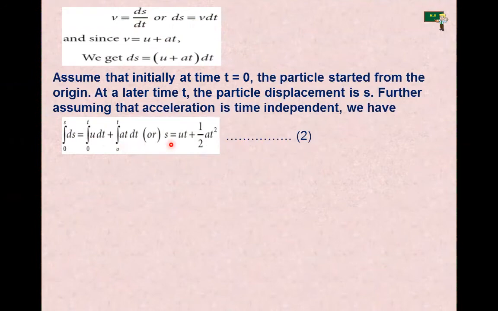Instead of ds, we get s, and from u dt from 0 to t we get ut, and for the at dt term we get 1 by 2 as a constant and at square. This is equation number 2. s is equal to ut plus 1 by 2 at square is the equation of motion number 2.